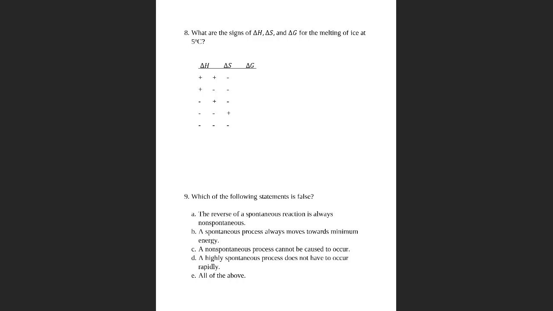So there's this cycle of energy, and eventually the buck has to stop somewhere. But basically, to make a non-spontaneous process happen, you have to get help from a spontaneous process.